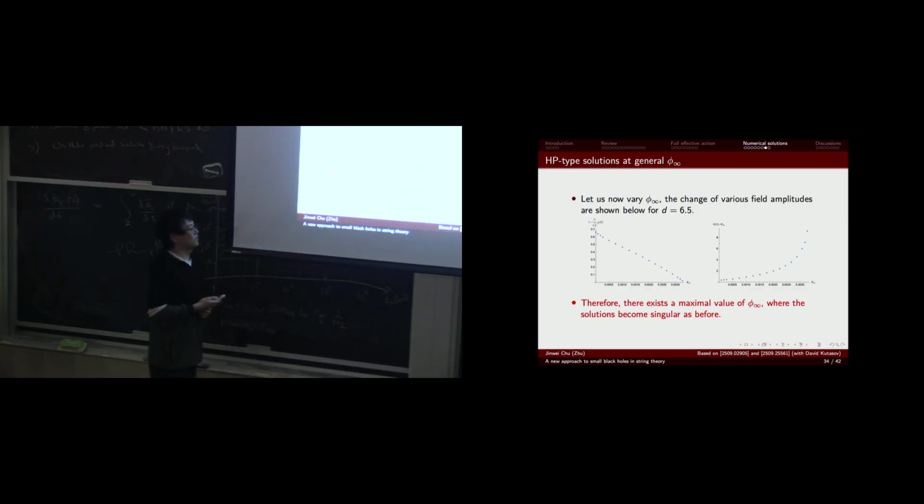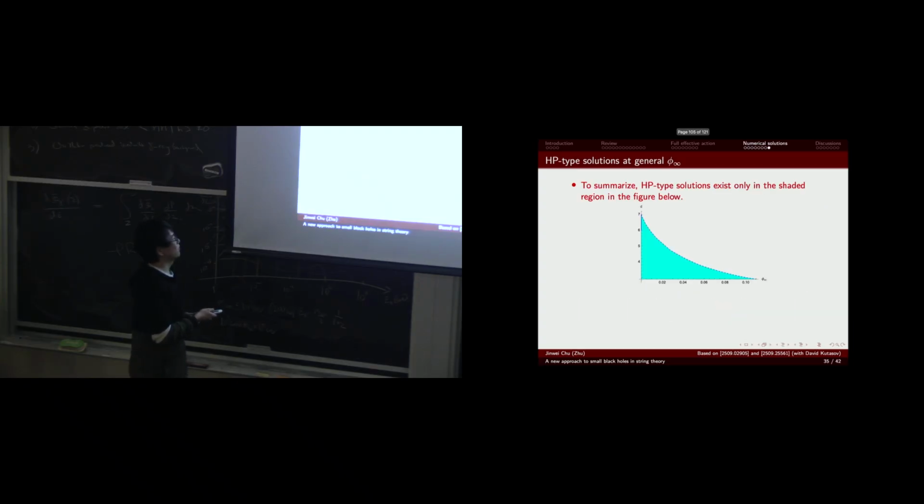And as phi infinity approaches this maximum value, the solutions again become singular. For example, chi0 again approaches the square root 2 over pi, and the dilaton diverges to infinity. So it means that at each value of d, Horowitz-Polchinski type solutions only exist in a finite range of phi infinity from 0 to some finite maximal value.